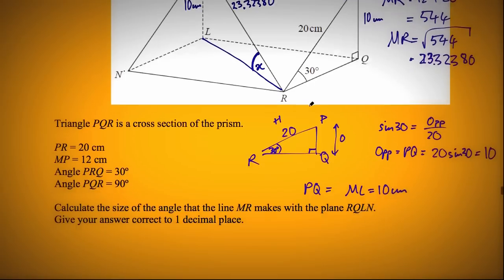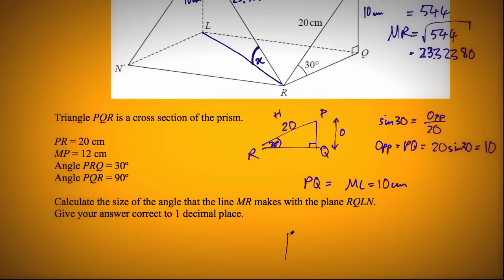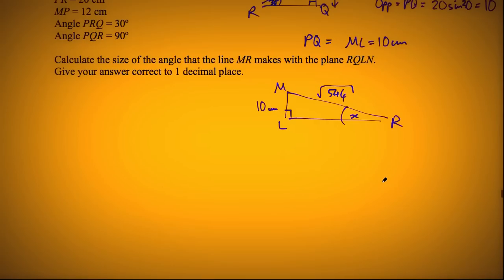So this leads me to my final triangle, RLM, right angle triangle. I know that this height ML is 10, and I know that this length here is root 544, and I'm looking for this angle x in here. So again, I've got opposite and hypotenuse.